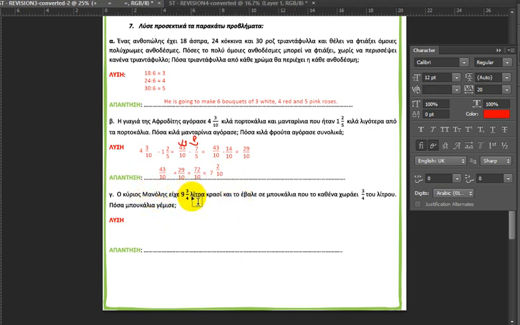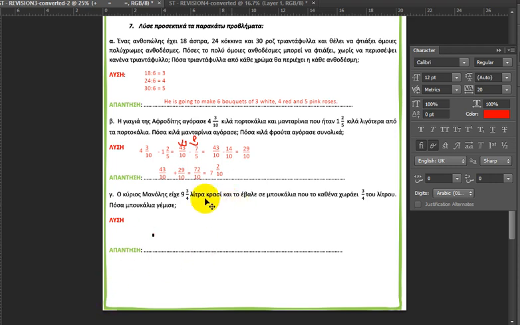Next up, we have 9 and 3/4 liters of wine, and then we put that in bottles that each fit 3/4 each. So we want to figure out how much that filled up. Basically, we want to do this divided by this. But first, we need to turn this into an improper fraction. To do that, 9 3/4 is equal to what?